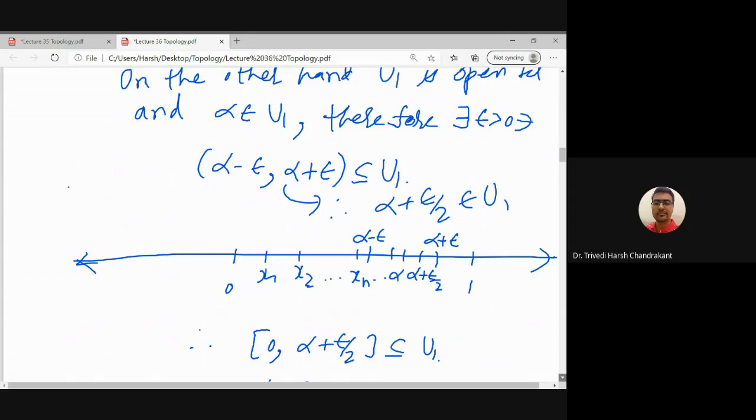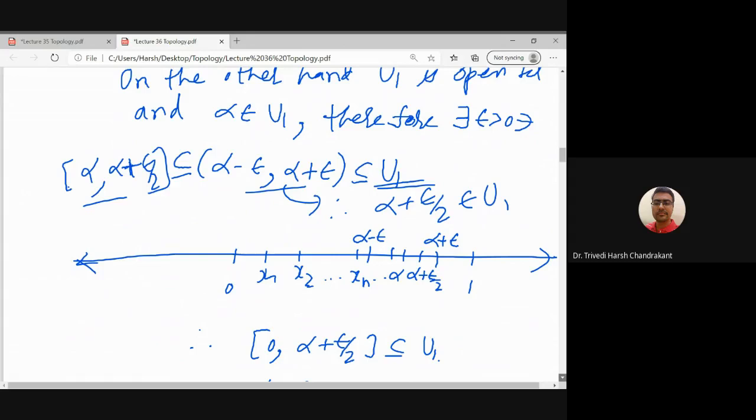Right? So what is the condition of this set in u1? This set is contained in u1 because this is a subset of it.